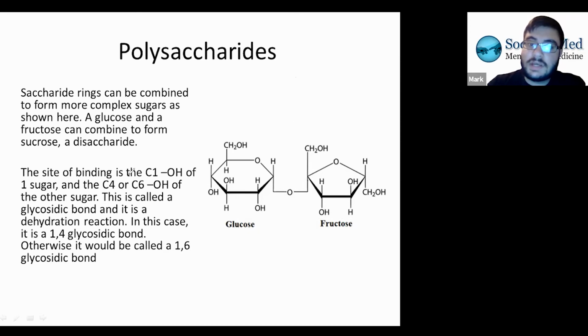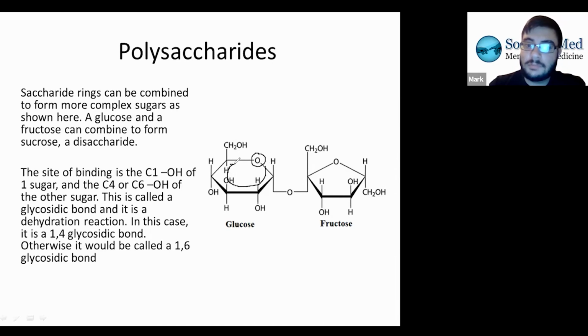So the site of binding is the C1OH of one sugar and either the C4OH or the C6OH of the other sugar. This bond is called a glycosidic bond. And like I mentioned, it's a dehydration reaction to form this bond. In this case, it's a 1,4 glycosidic bond because it's between carbon 1 and carbon 4, right? So you always number starting here and going this way.